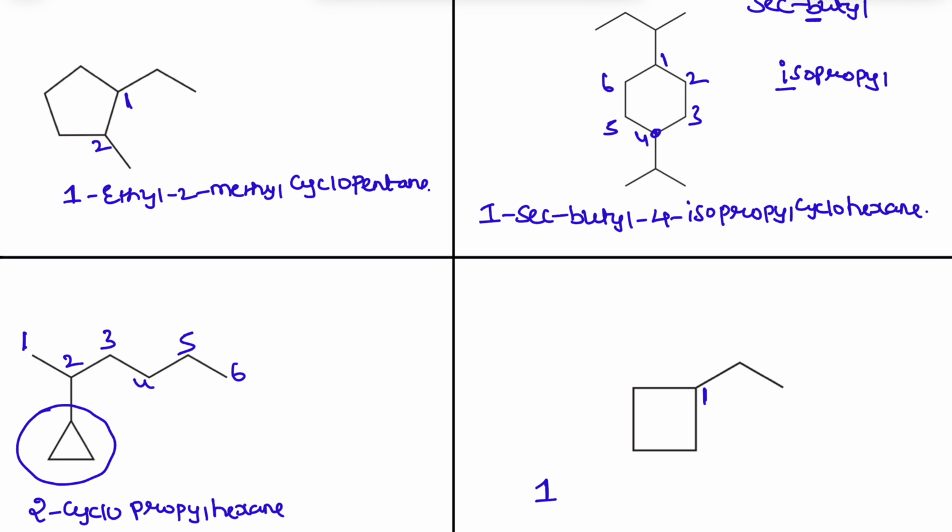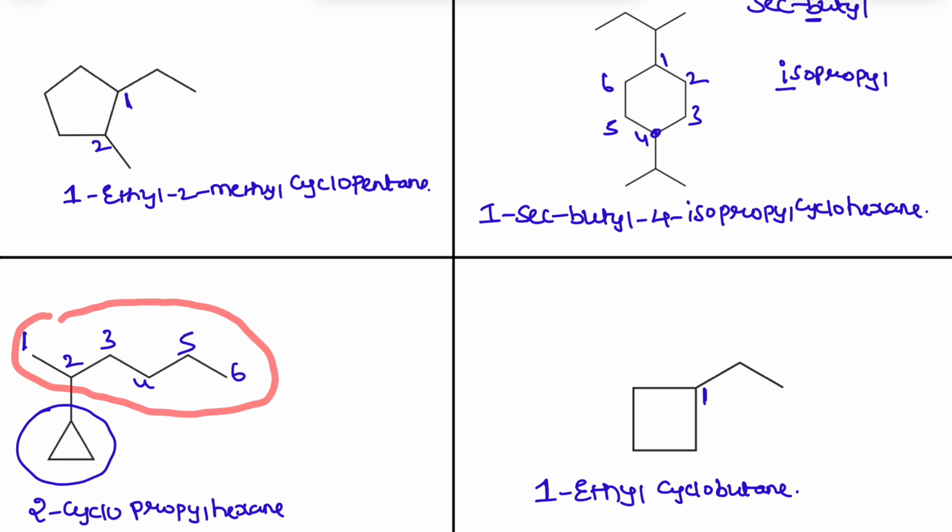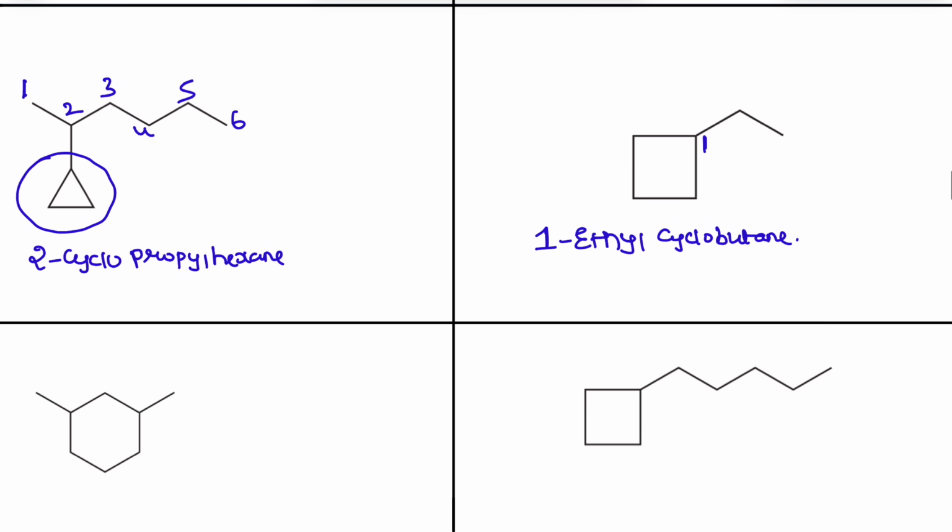This is first carbon, 1-ethylcyclobutane. Here no confusion, this is the principal chain, don't add any cyclo. So here this branch is cyclic, therefore it is cyclopropyl.